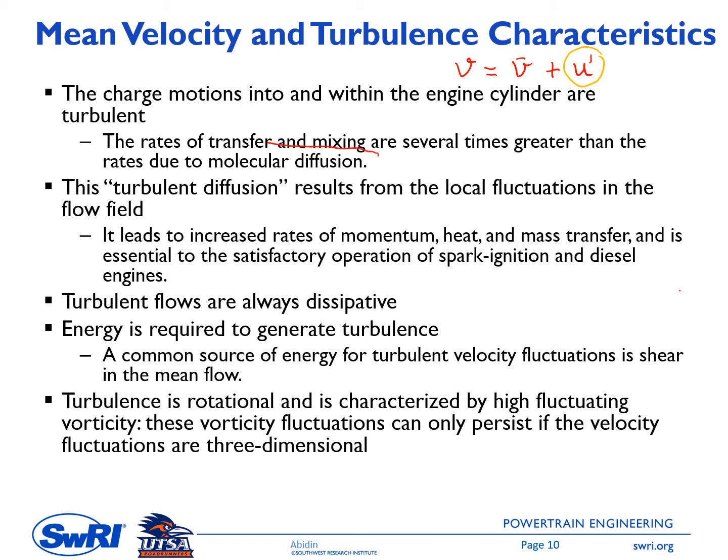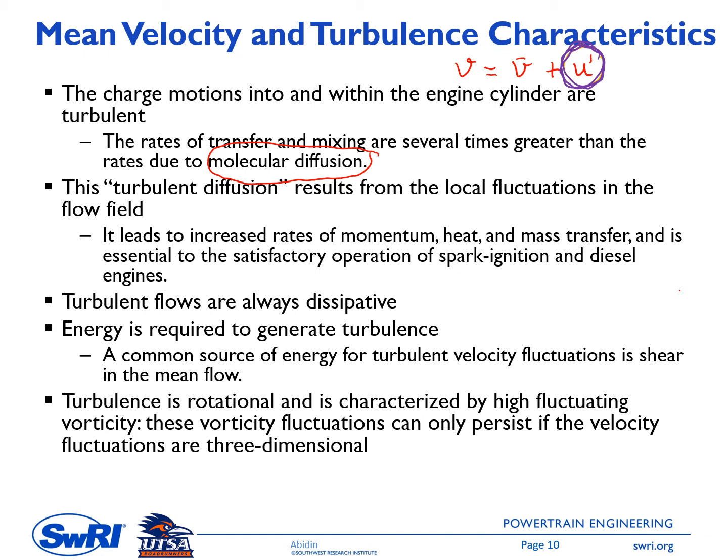And this molecular diffusion is the only process that makes the transfer and mixing for laminar flow. Okay, for laminar flow, we only have molecular diffusion. So this turbulent diffusion results from the local fluctuation in the flow field. As I mentioned, this is the parameter that will govern the level of turbulence inside the engine.